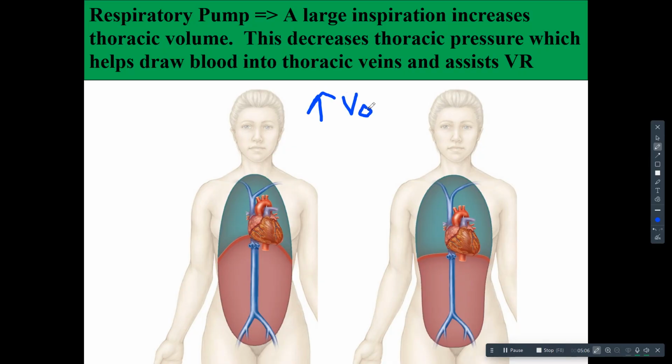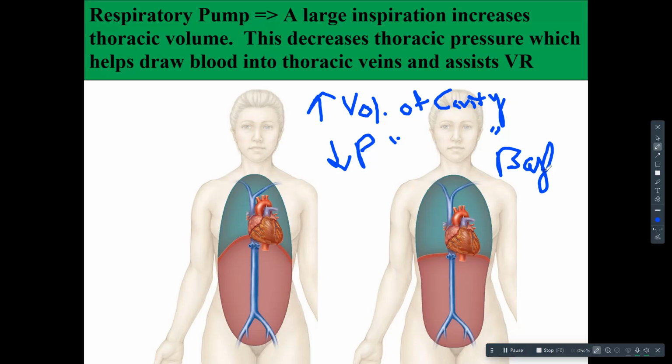An increase in the volume of a cavity, of a container, is going to cause the pressure of that cavity to decrease. This is good old Boyle's law, which I know you know from chemistry class. So notice that the heart is in the thoracic cavity.